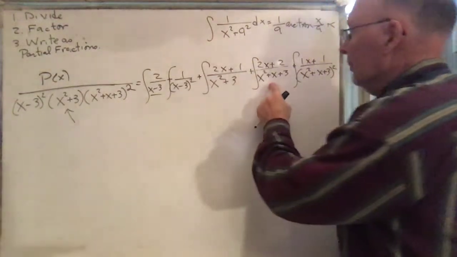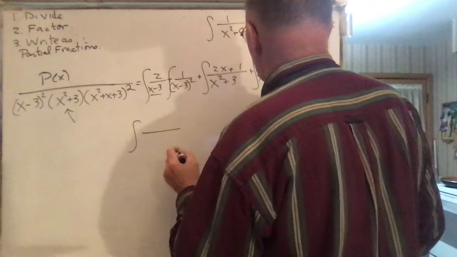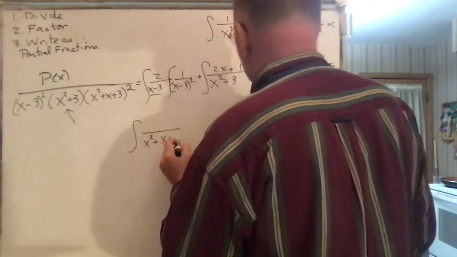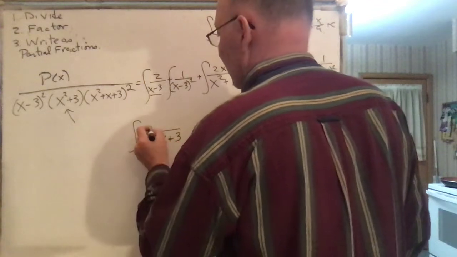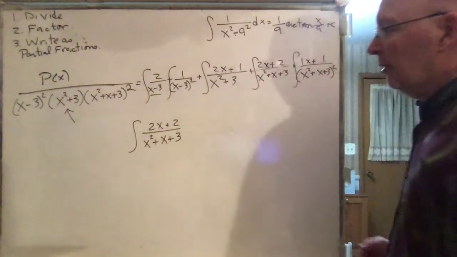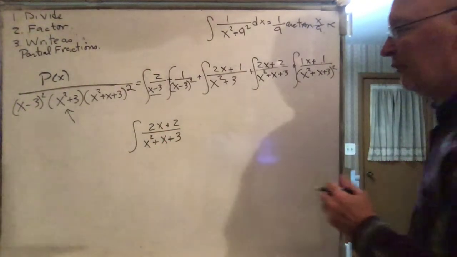What about this one? What do we do there? Kind of a nasty looking one. We could start by breaking it up again. It wouldn't hurt to break it up, but it's easier if you leave it all together.